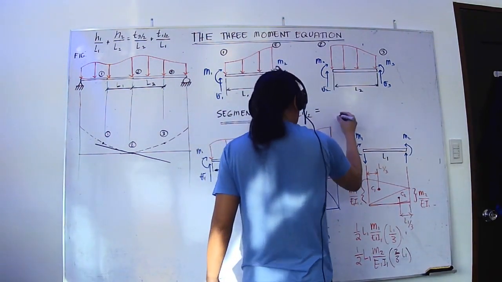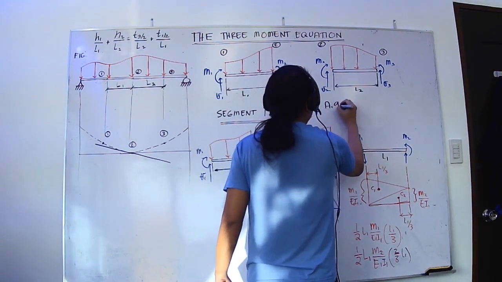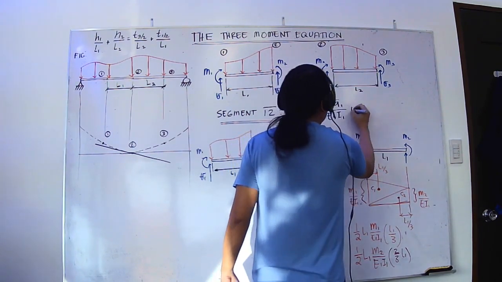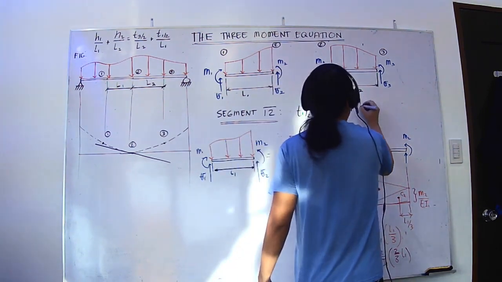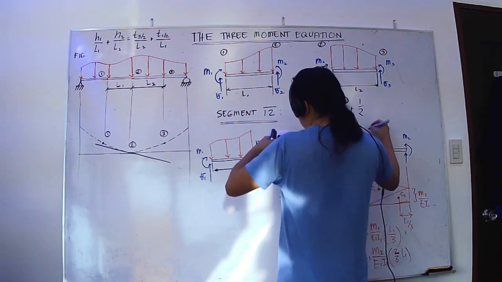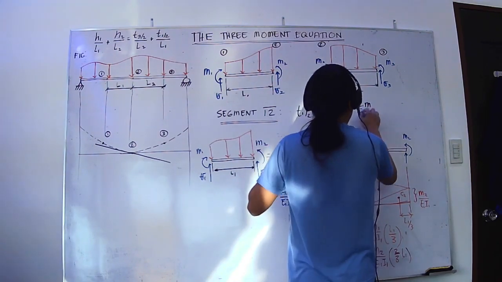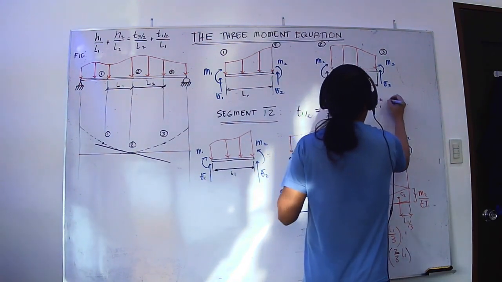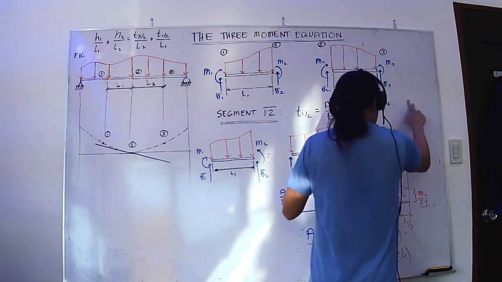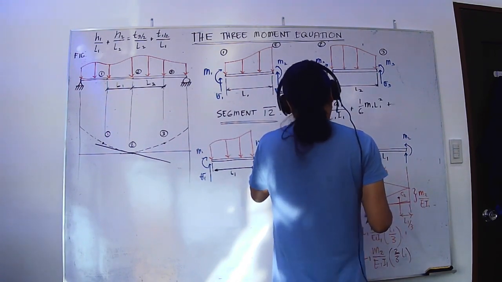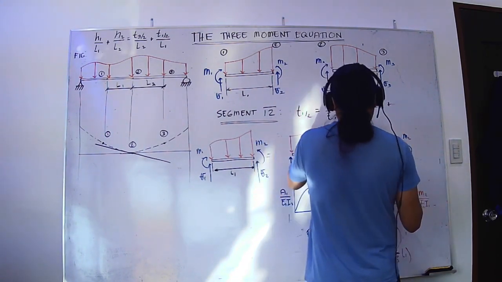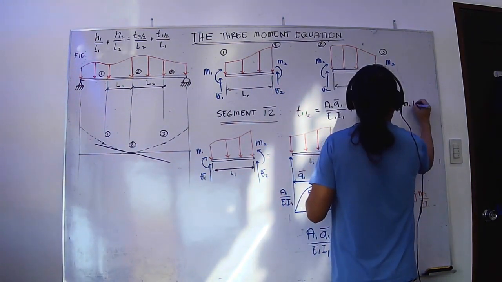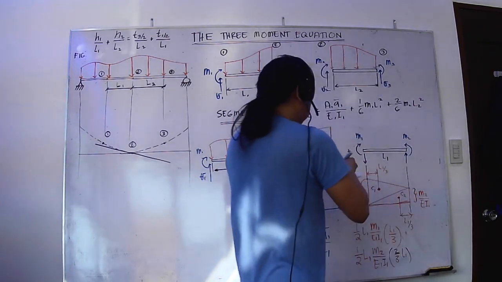That should be equal to A1 bar over E1 I1, plus these two terms: 1/2 times 3 over 6, L1 squared, plus 1/3, but 2 over 6 is fine. I'll use that because I'm more comfortable with that term.